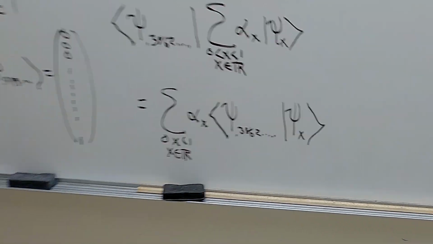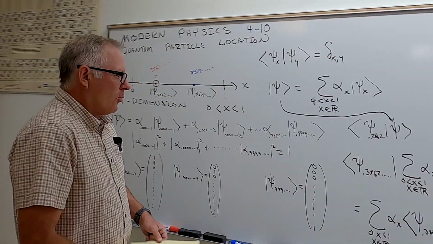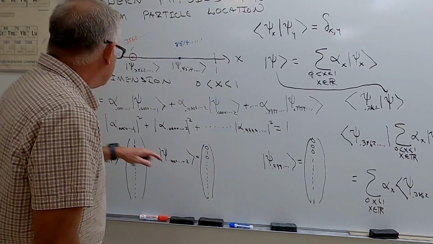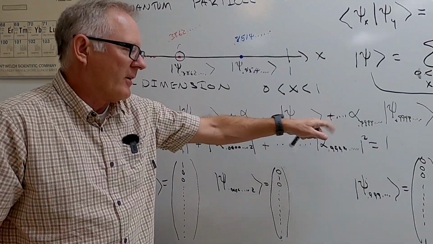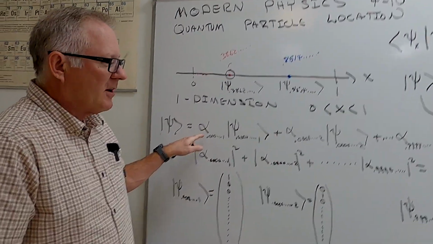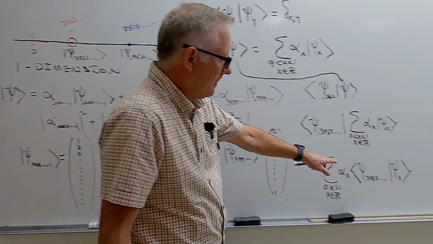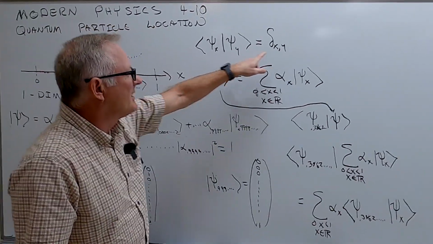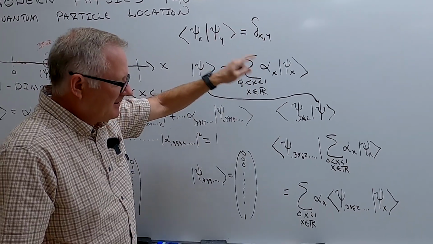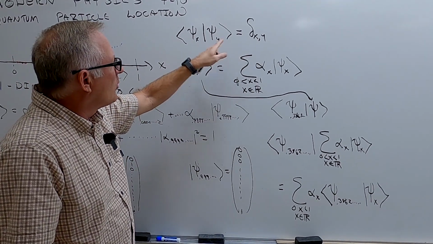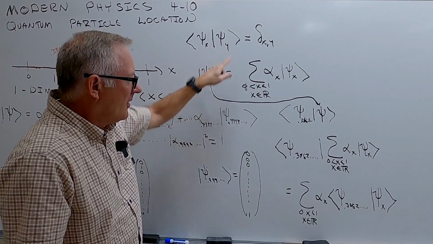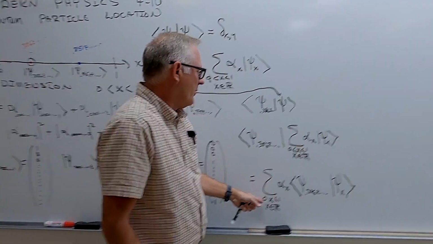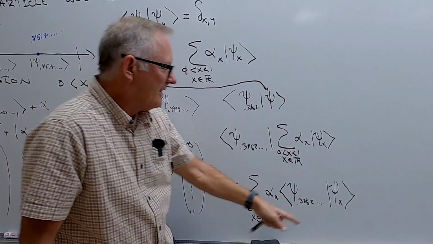Okay. So what are we going to do? Remember, psi of x was all of this stuff right here. So you notice when we start dotting these two, almost every single term in the sum is 0. The only time they're not 0 is when these two are the same. So when you start putting in 0.0001, that's going to be 0.